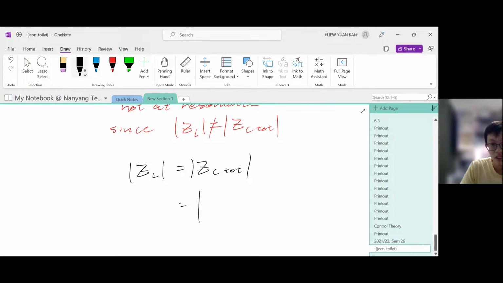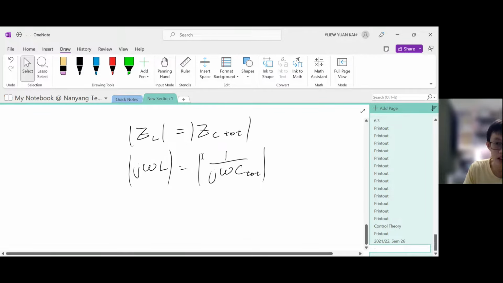What is the impedance of capacitors? It is 1 over j omega C, but in this case I'll call it C total. Then what is the impedance for inductors? It is j omega L. So I have to solve this equation for omega.